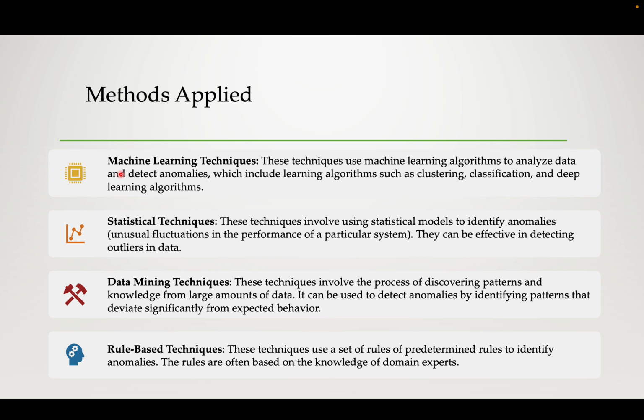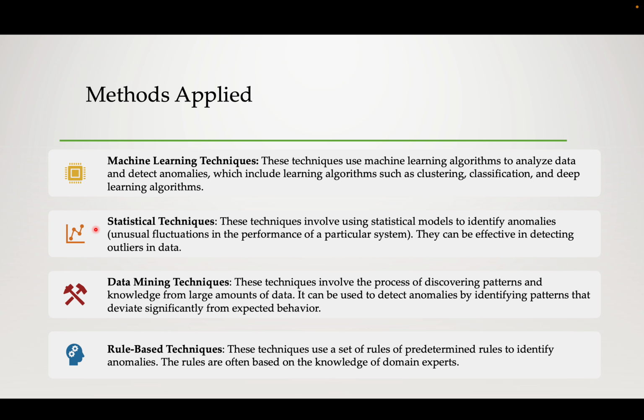The first one is obviously the machine learning technique. It uses machine learning algorithms to analyze data and detect anomalies, including clustering, classification, and deep learning algorithms. Those are very complicated algorithms that require a deep understanding of how they work.